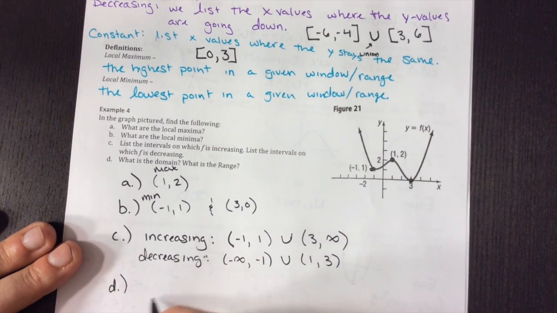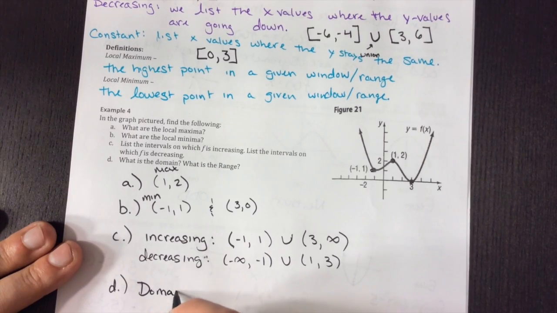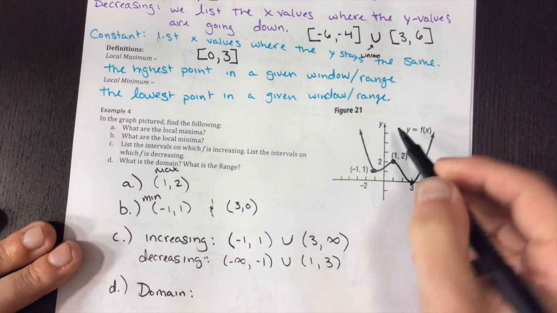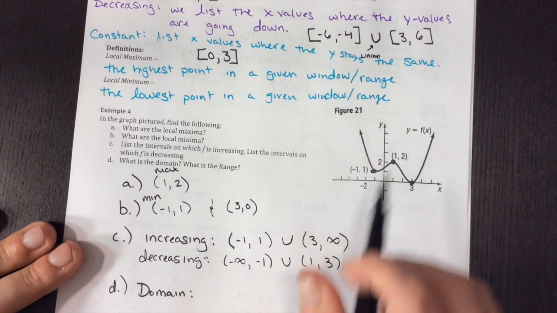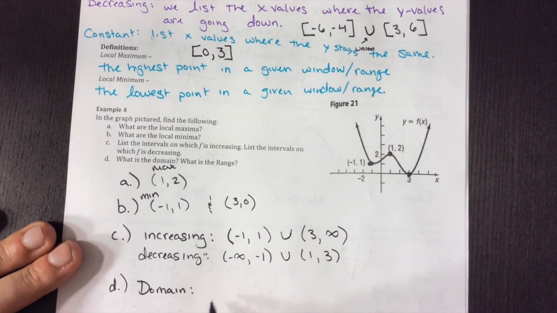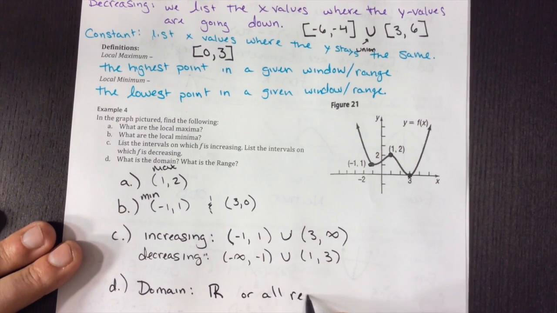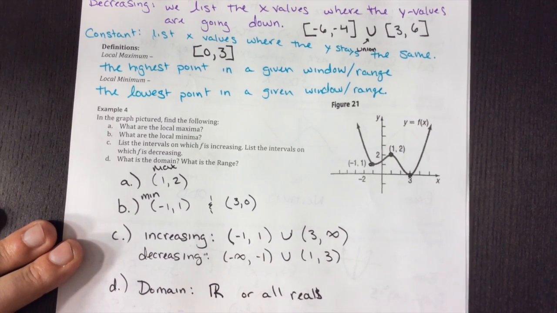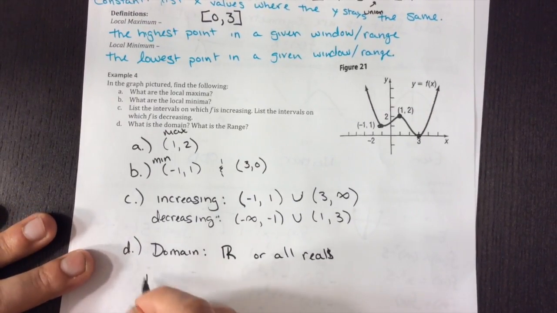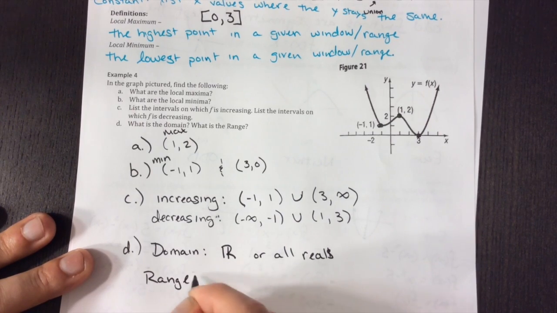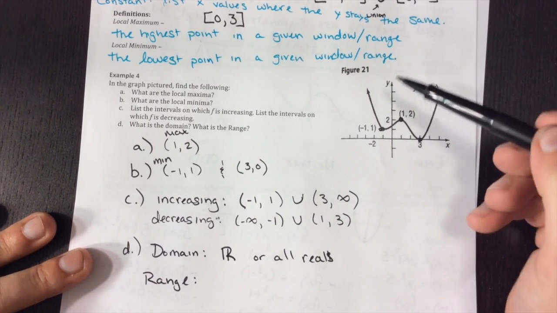For D, what is our domain? Well, our domain is all of the numbers because there's no restrictions here. So we can write all reals. And our range, what are our possible outputs?